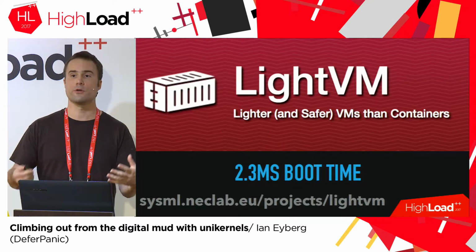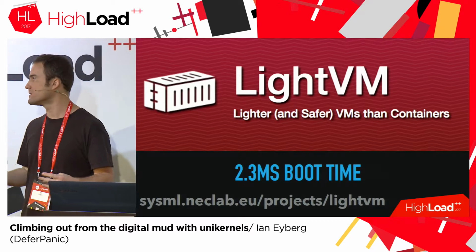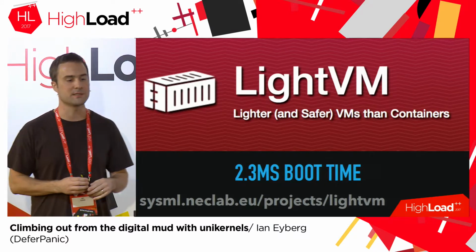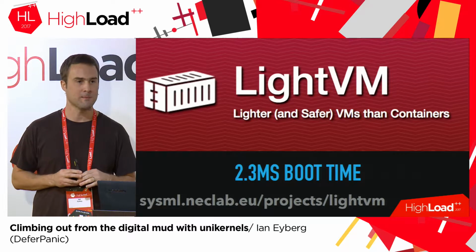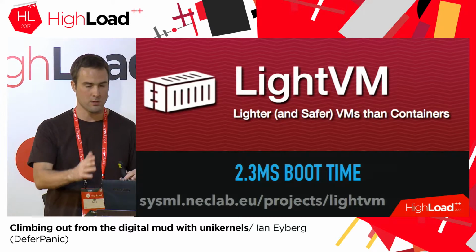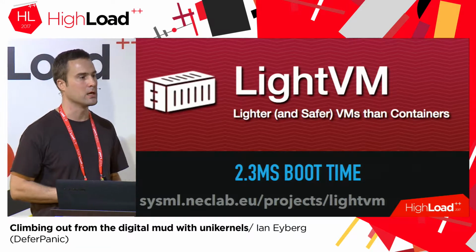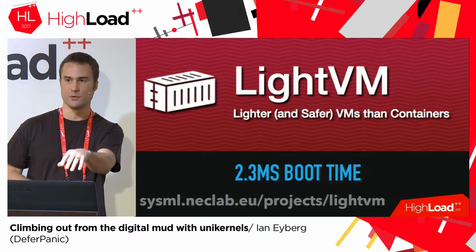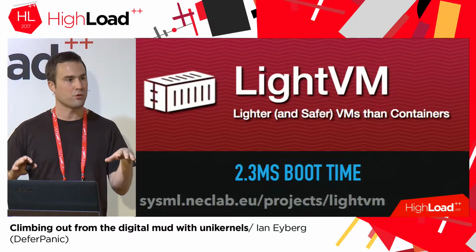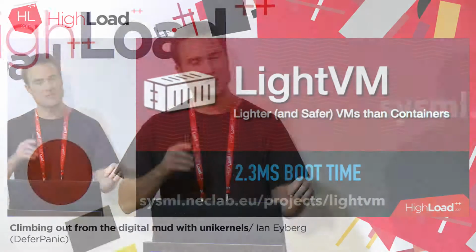And then another very new project in the space is LightVM. LightVM is also out of NEC, and this was actually just presented at a conference maybe 2 weeks ago. Basically, Florian, who is the main project lead on this, was booting unikernels in about 2.3 milliseconds, which is just slightly slower than a fork system call.